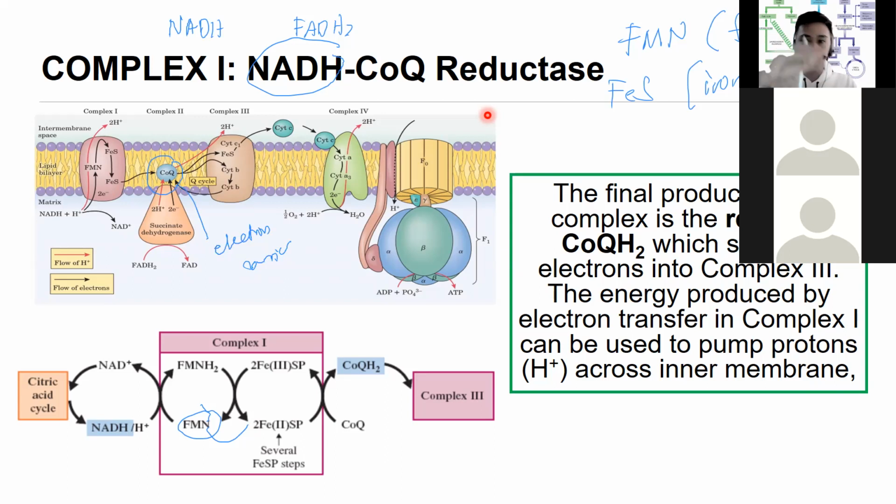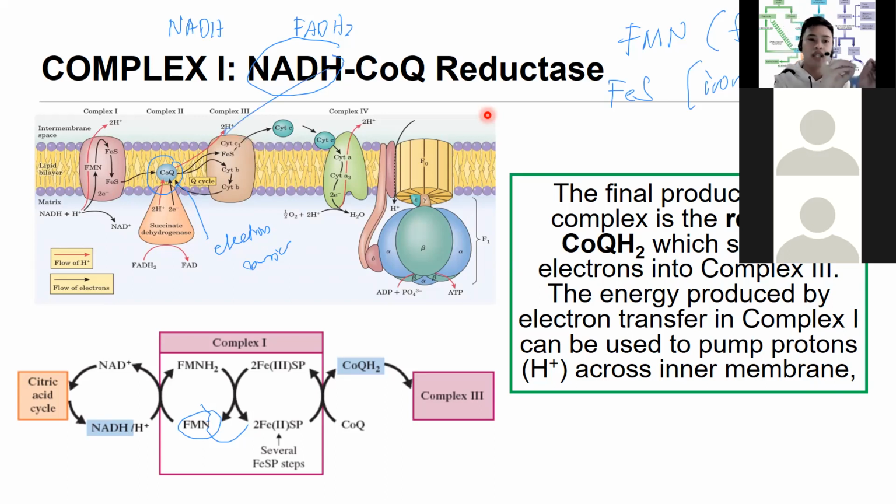Flavin mononucleotide will then pass it on to iron sulfur proteins, and then the iron sulfur proteins will pass it on to your coenzyme Q. So where will coenzyme Q pass the electrons? Will it pass to complex 2 or to complex 3? Again, it will pass it on to complex 3.